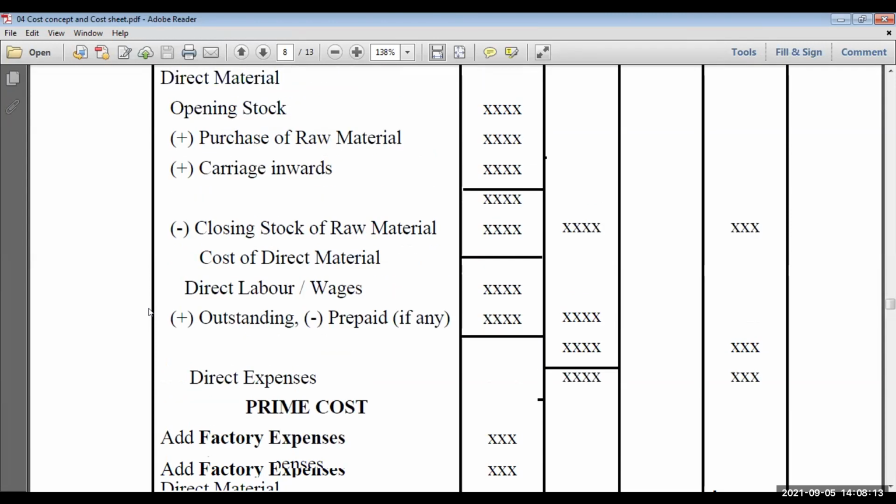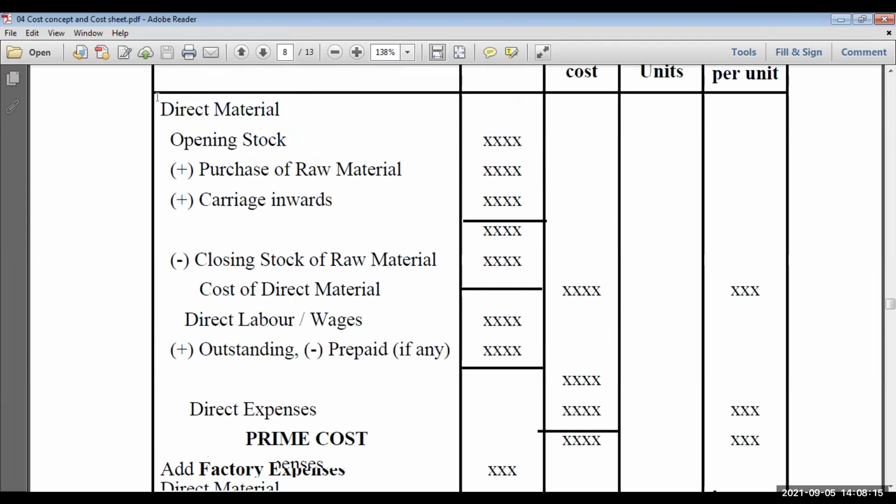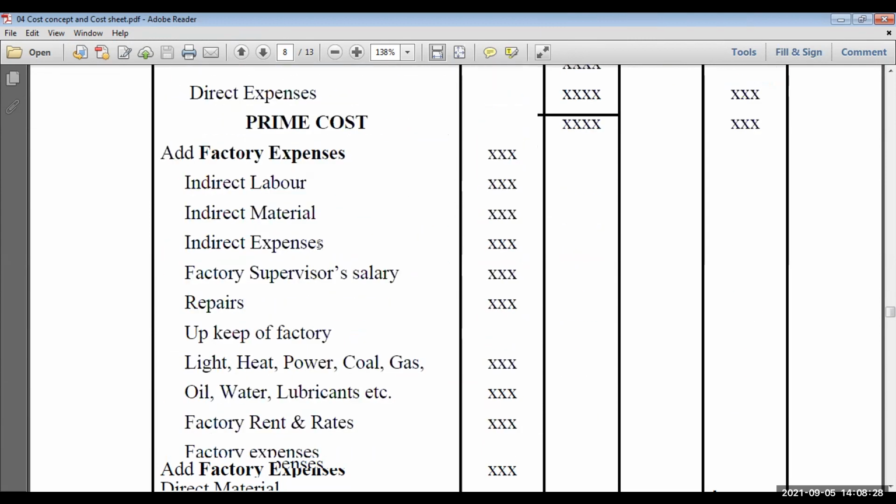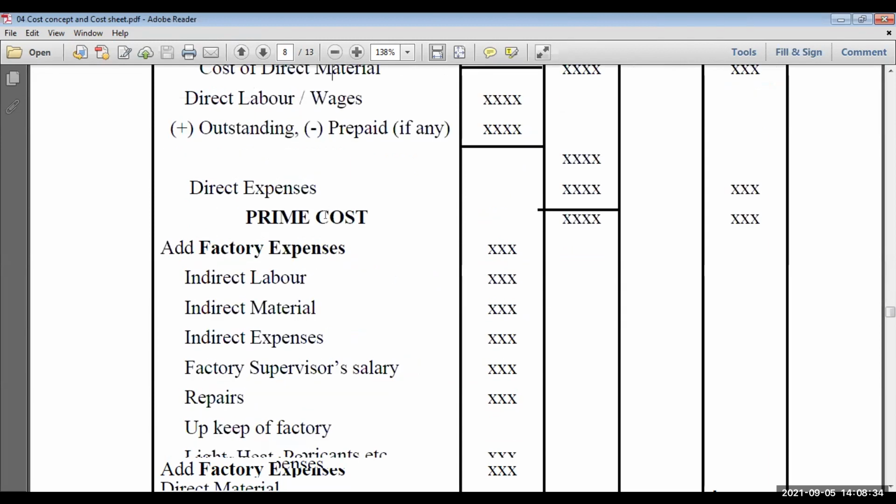The statement is clear to you up to this? Yes, Professor. Regarding outstanding and prepaid expenses, if there is anything, we have to bring it in, otherwise we forget it.